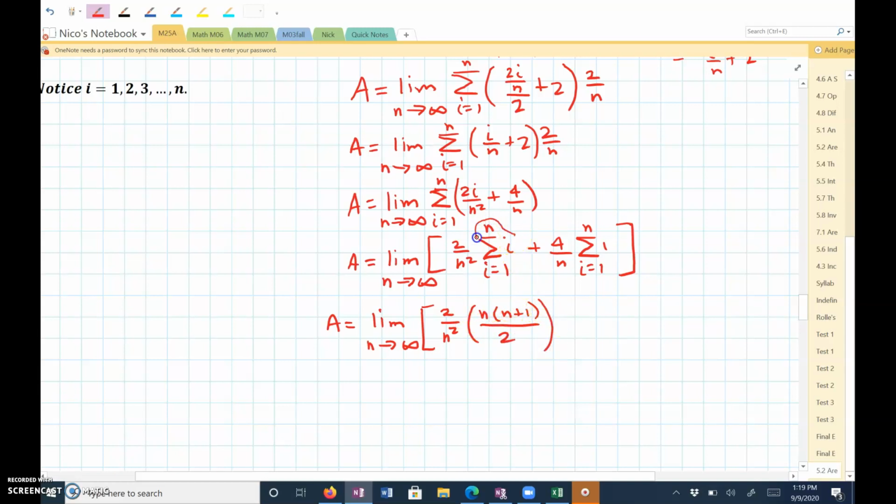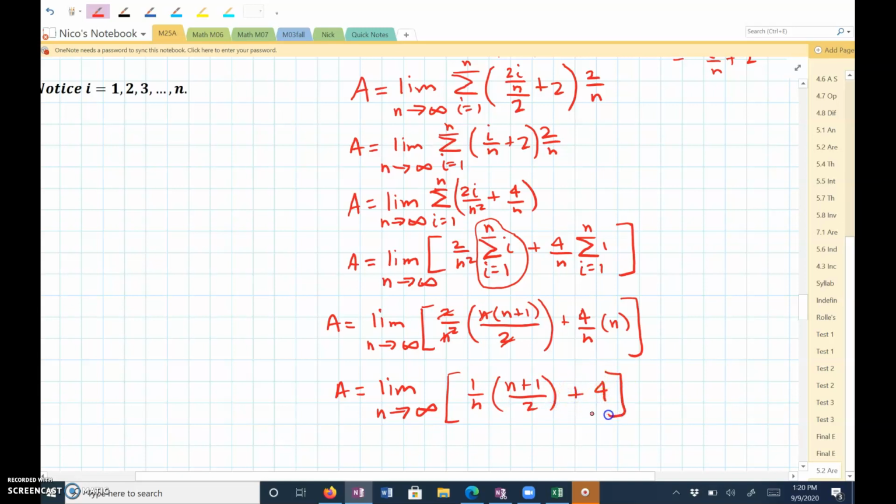That's the same thing as this guy. Plus 4 over n. And then the summation of a constant would be a constant times n, so that's going to be n. Then the 2's would cancel out, one of the n's would cancel out. So this would be 1 over n times n plus 1 all over 2 plus 4.